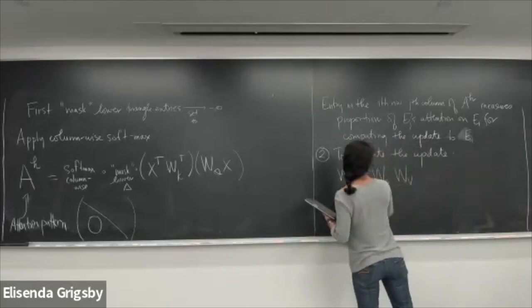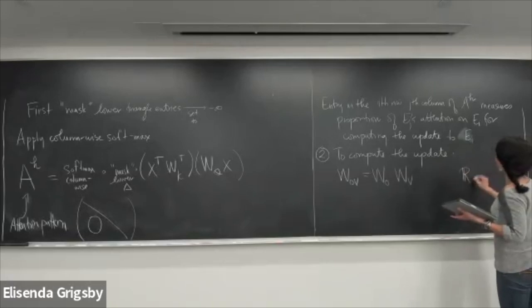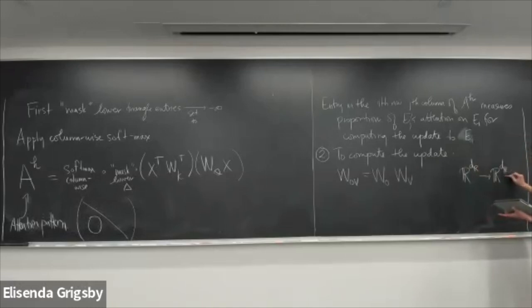And really they only appear as a product. So now associated to each token, you compute an update by applying WV and WO. And that's the update associated to that head for that token.